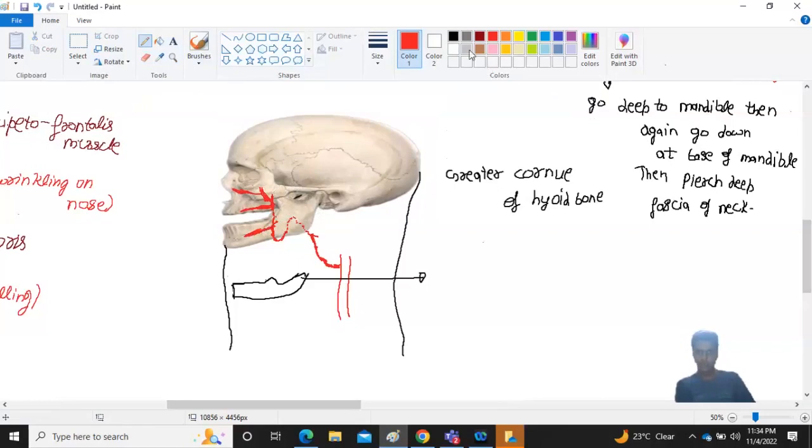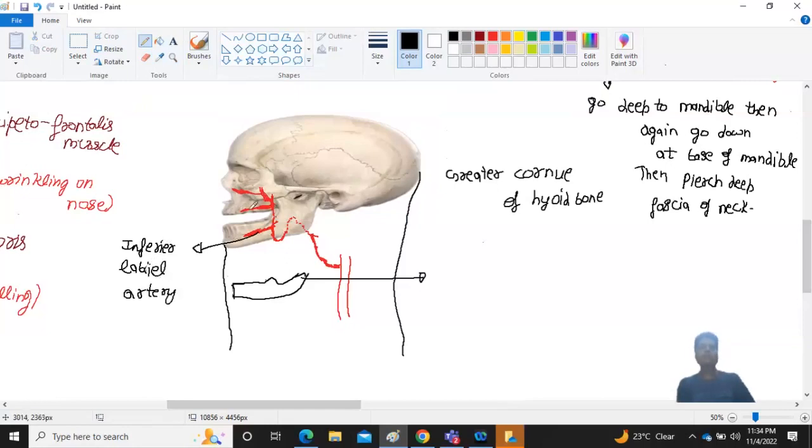First we do the naming. This is the inferior labial artery.